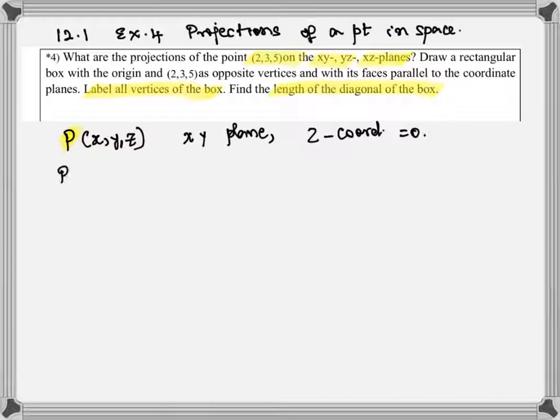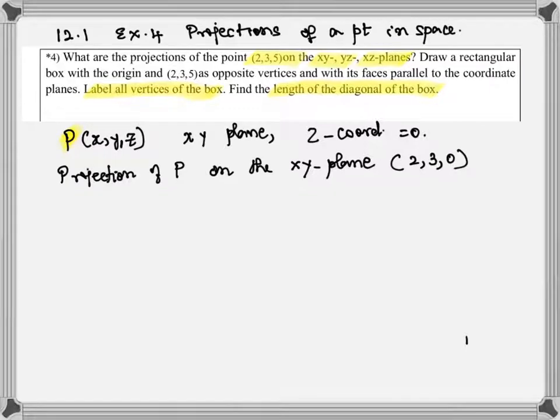So the projection of the point on the xy plane is the foot of the perpendicular from the point to the xy plane. The x and y coordinates remain the same and the z coordinate becomes 0. So the projection of the point on the xy plane is (2, 3, 0).